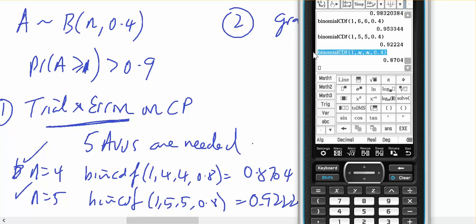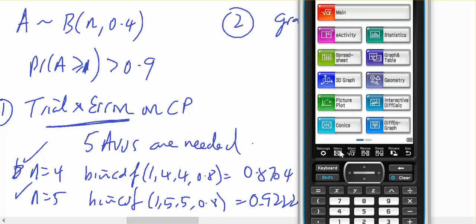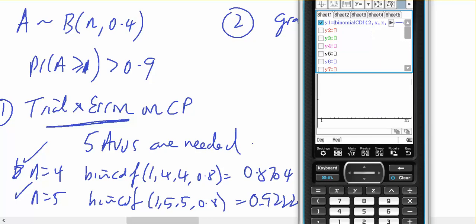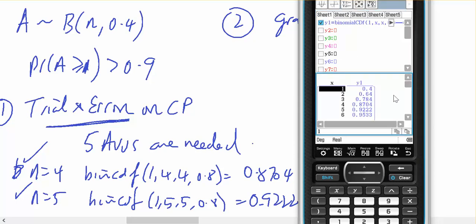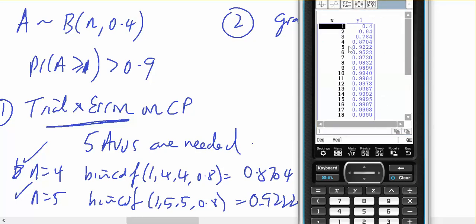I'm going to copy that, jump out of here, go into graphs and tables, paste, and tick it. I'm going to change the table input, starting at 1, going up to 30, it doesn't matter what I go up to, and steps has to be 1 in this case. Then I look down my table until I find higher than 90%. 5, same answer.